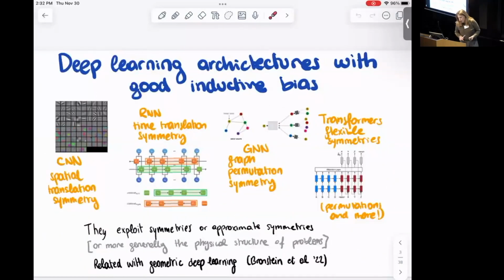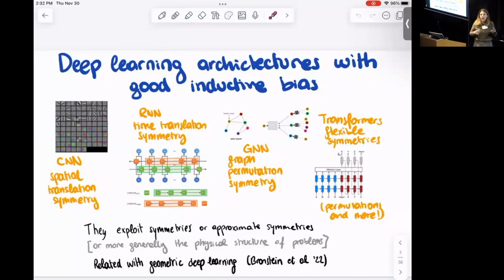One of the claims that has been around recently is that one of the design choices useful for giving you a good inductive bias is expressing models that are consistent with the structure of the data that you want to fit and the problems that you want to solve.